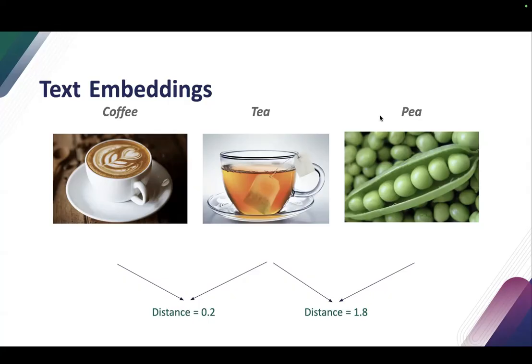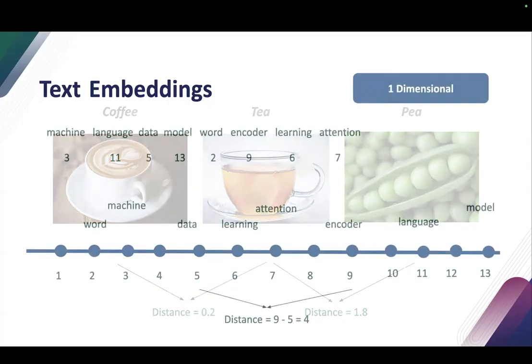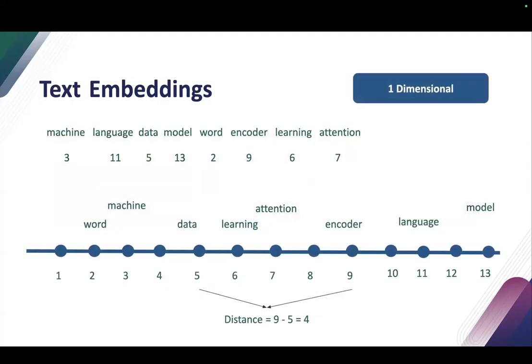So that's one thing we would expect from an embedding model. Let's take the 1-dimensional space. Obviously, a 1-dimensional embedding model would be a very terrible model in real life, but it's just to illustrate the idea. So again, let's say we have a very small vocabulary: machine, language, data, model, word, encoder, learning, and attention.